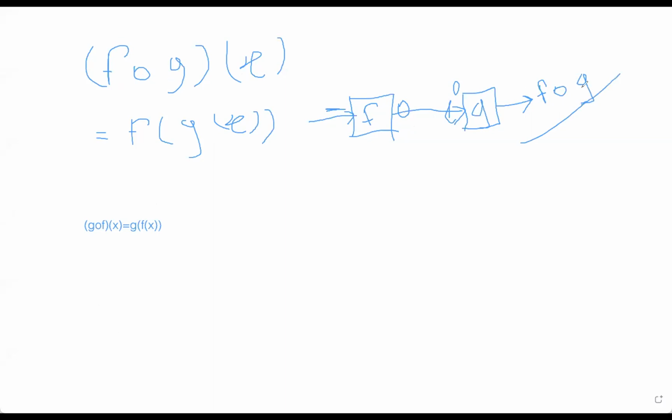Getting how it is? f composite g: whatever output comes from function f is given as input to the function g. So the output of this whole system will be f composite g. In the case of g of f of x, what will it be? Same, but instead of f, the first function will be g, and the second function will be f.